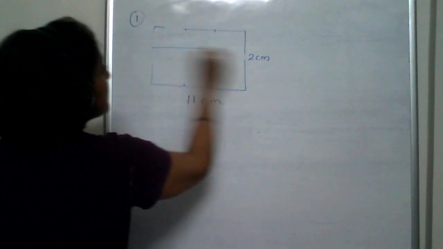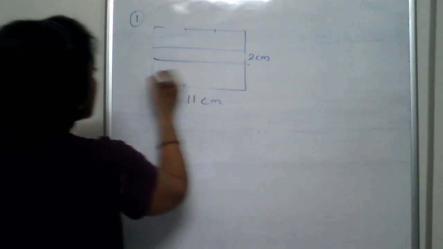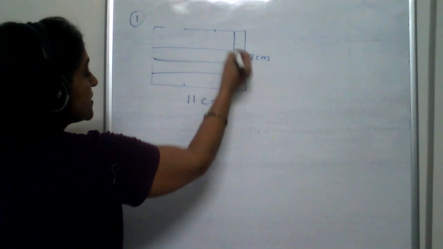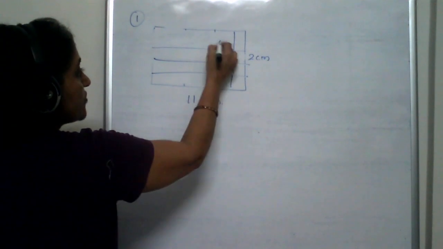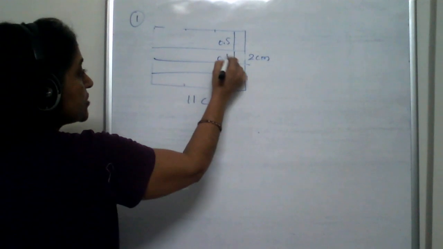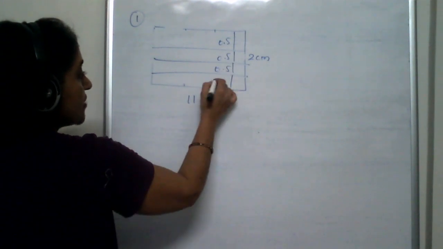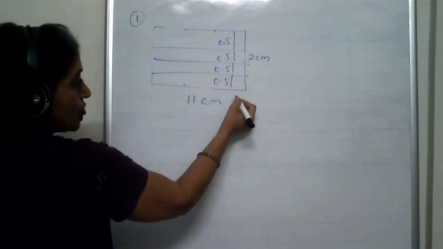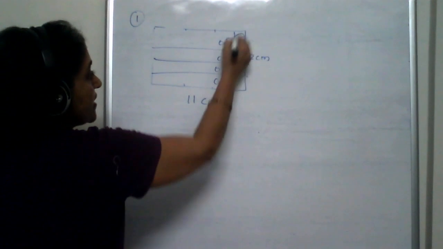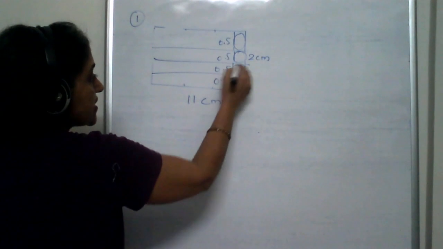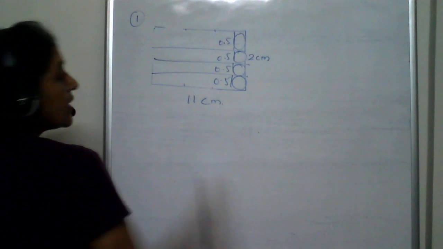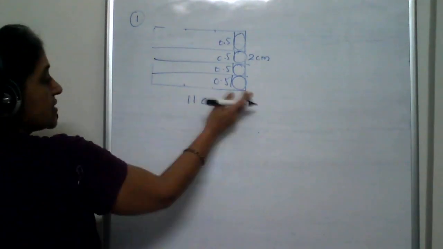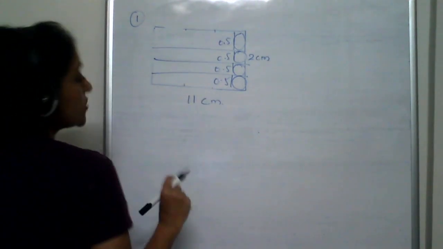Now if it is 0.5 here, 0.5 here, 0.5 here and 0.5 here, total becomes how much? 2 centimeter. Means in this row or in this column rather, I can fit 4 circles like this because the diameter is 0.5 is given. Like this, how many more will fit in up till 11 centimeter is the question.